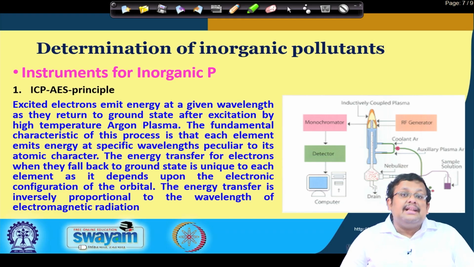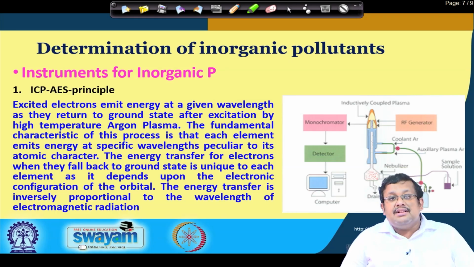Now, the fundamental characteristic of this process is that each element emits energy at specific wavelengths particular to its atomic character. So, the wavelength at which these elements emit the light is very much wavelength specific, and also depends on its atomic character.